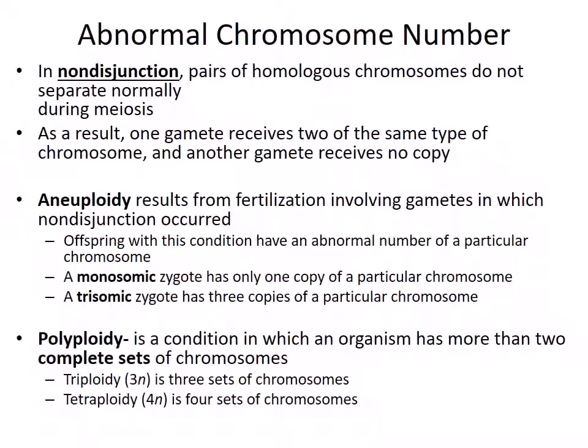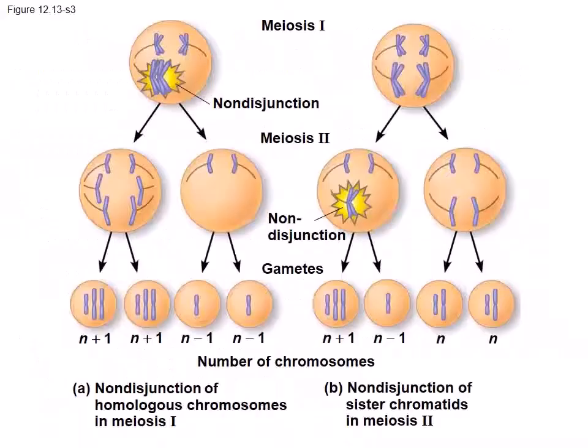Triploidy and tetraploidy aren't really things that happen in humans, but they can occur in some organisms. Here's an example showing where non-disjunction can occur and how it's a little different if it happens in meiosis 1 or meiosis 2. Either way, we can end up with cells that have an atypical chromosome number.